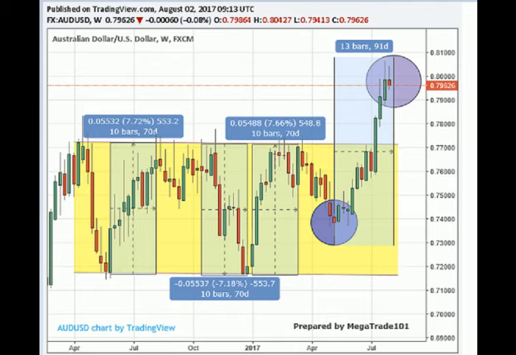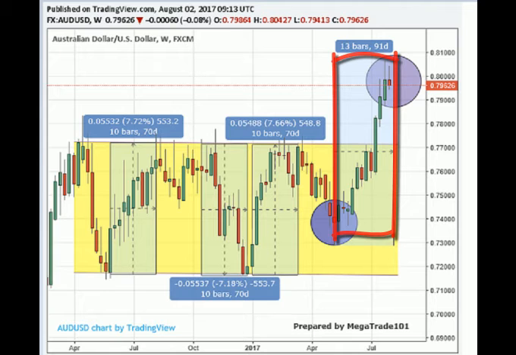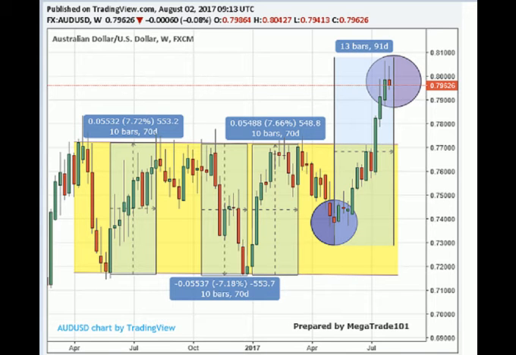Now, counting the 13 bars, or days rather, there has been an indication that a pullback twice had also been reflected, indicating that the possibility of a correction is in the making.